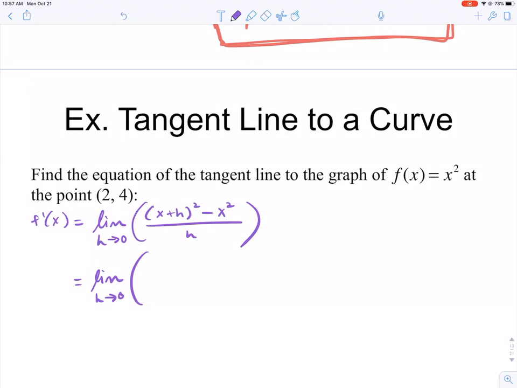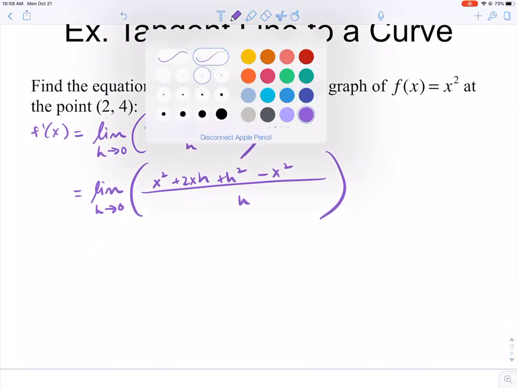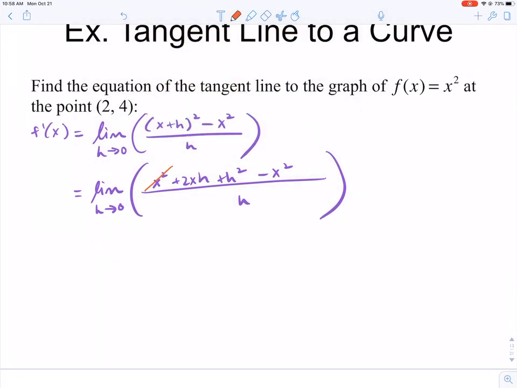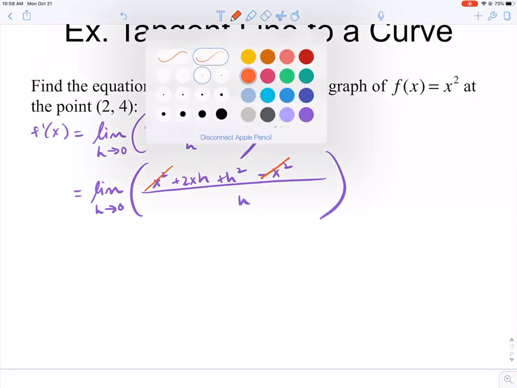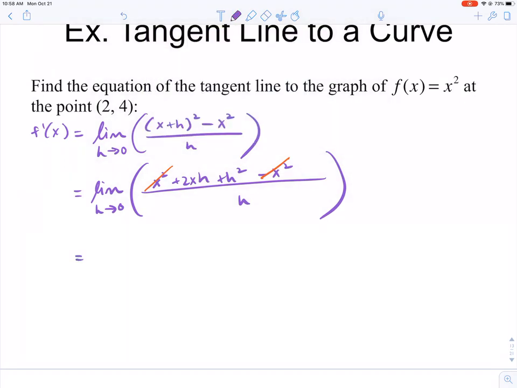Multiplying that out. Looking at what cancels. And seeing that we could factor an h out of the numerator.